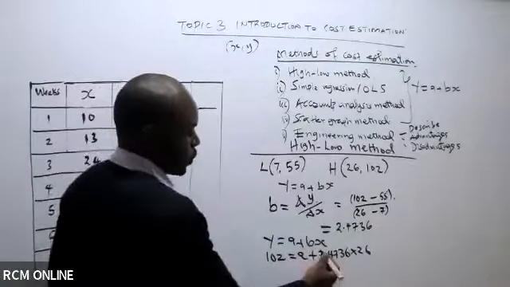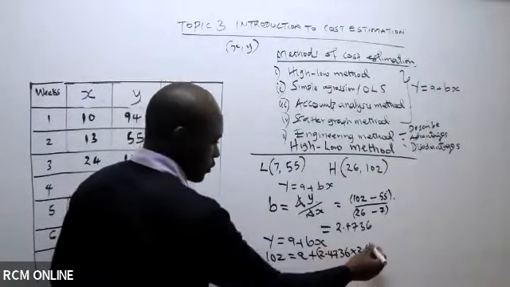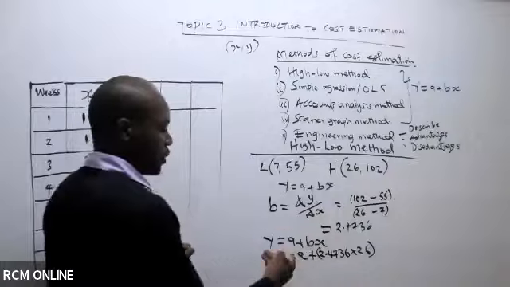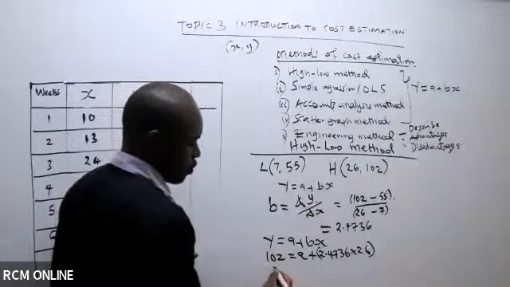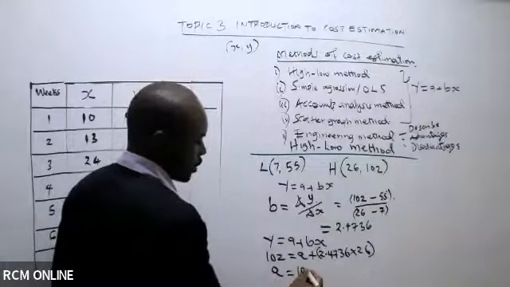So the next thing we are supposed to do, we need to deal with this independently and then bring it to this other side. So we are going to have the value of A is equal to 102.